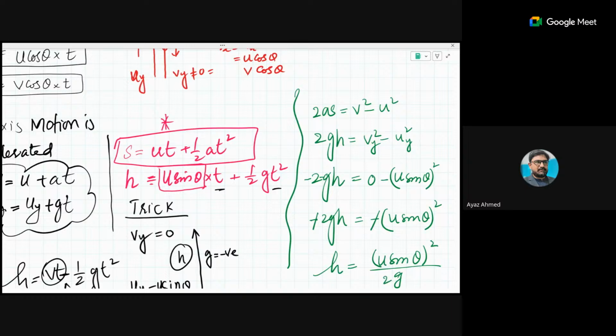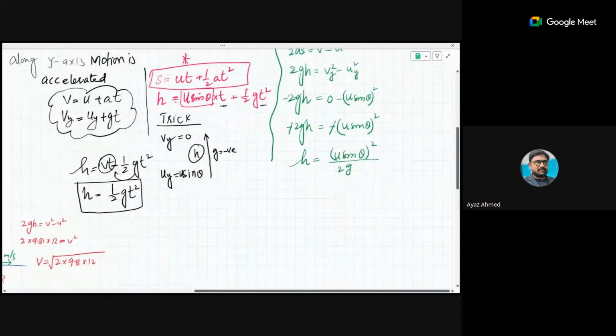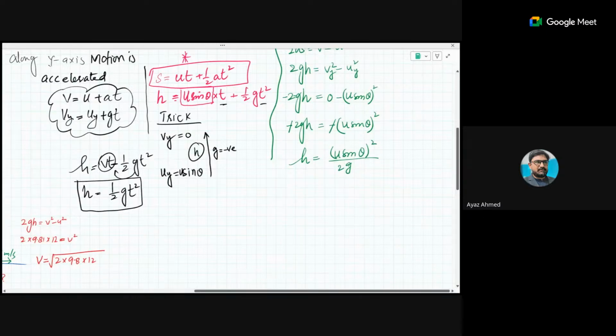So there are several approaches which can be used to handle projectile questions or projectile motion. Now I will give you another important trick, that is, the time matters a lot.